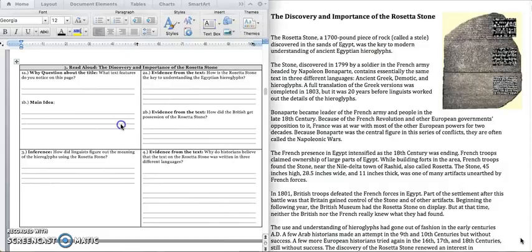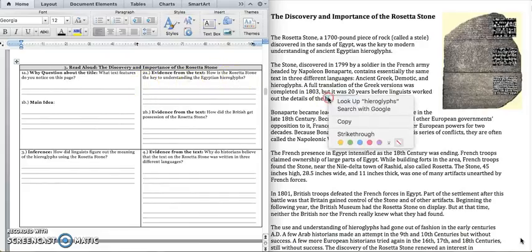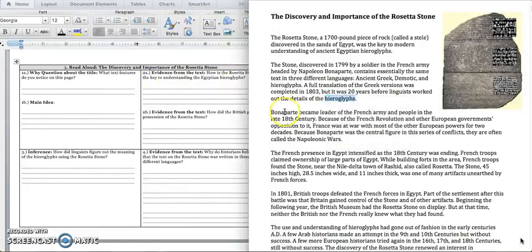Let's keep reading. We're looking for, how is the Rosetta Stone the key to Egyptian hieroglyphs? How was it a key? What did it do that made it able to understand Egyptian hieroglyphs?